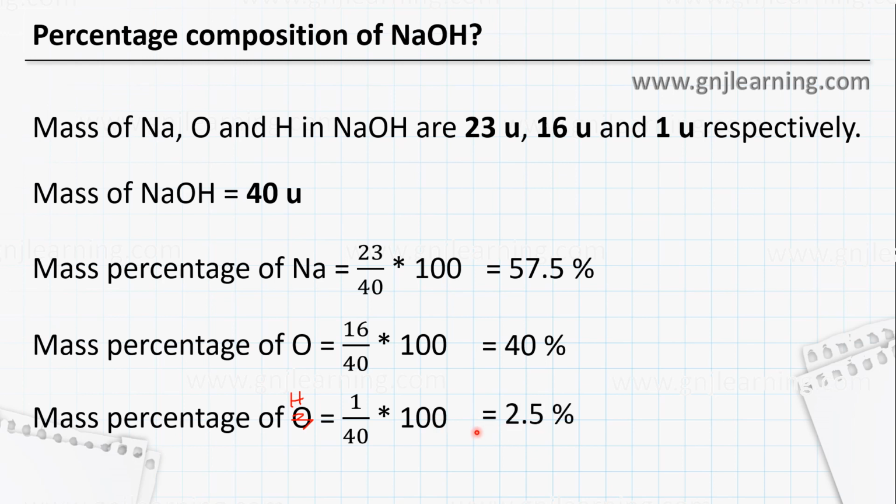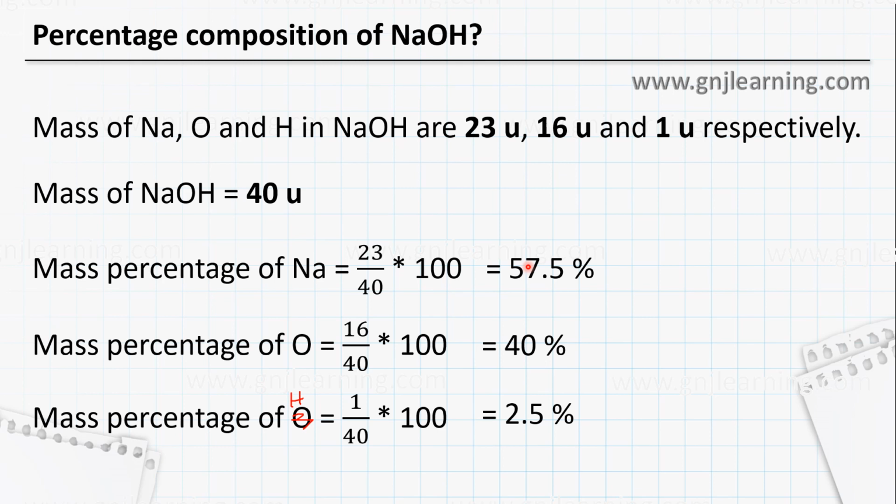Or you can get it by, since there are only 3 types of atoms, you can take 100 minus these factors, then you will get the mass percentage of hydrogen, or you subtract these two and you will get the mass percentage of sodium. So accordingly, if it is an entrance exam, you can save time in this way, whereas if it is a board exam, you can try to find out whether the sum of the three is 100 or not.